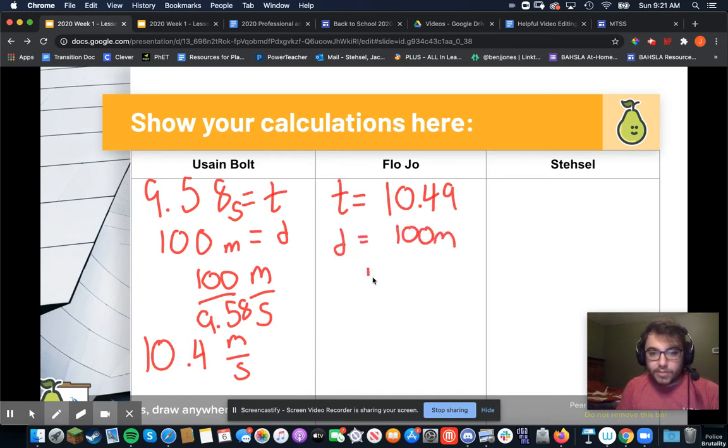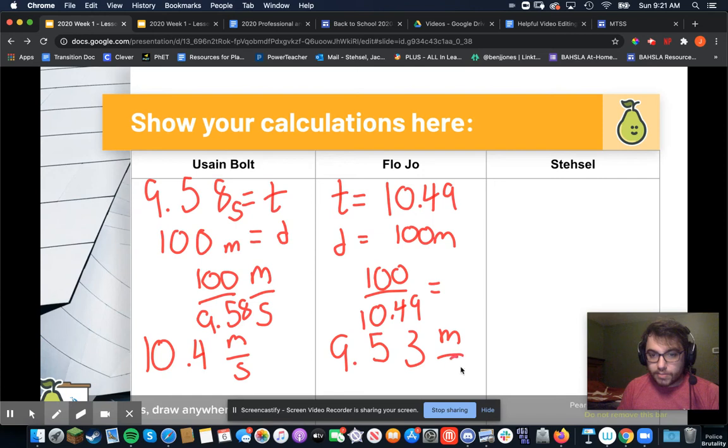You do 100 meters divided by 10.49, and you would get, again, plug it into your calculator, 100 divided by 10.49, which is 9.53 meters per second.